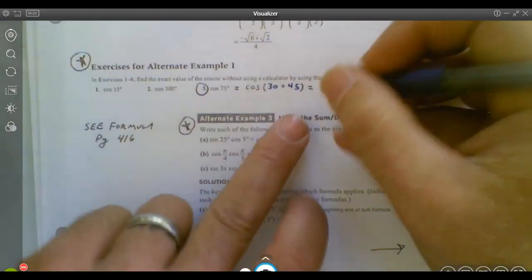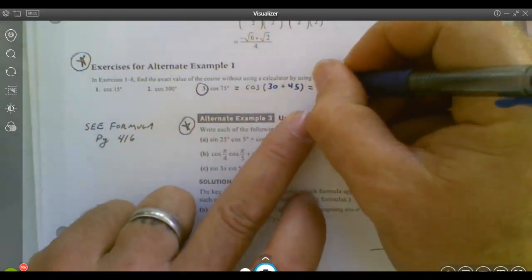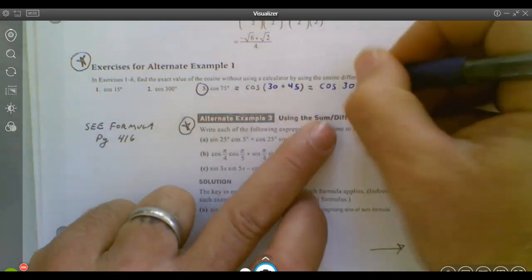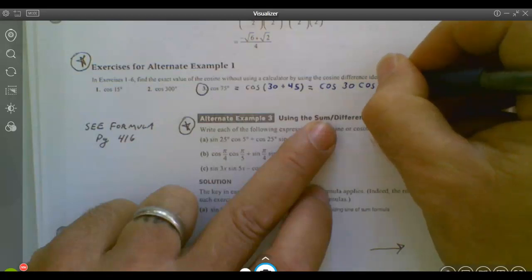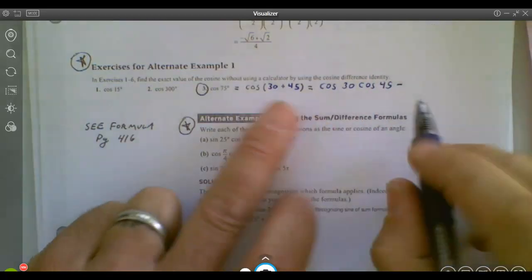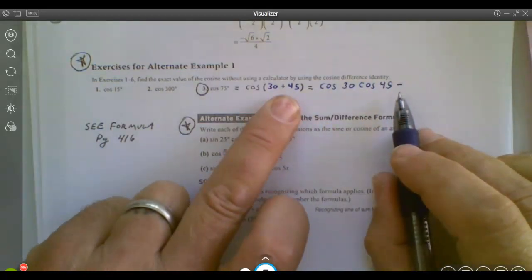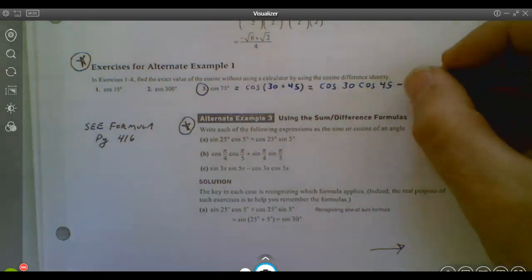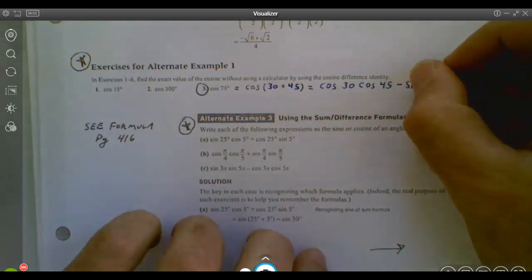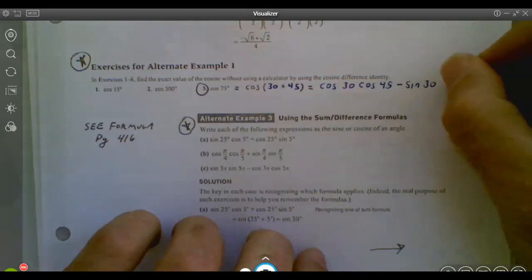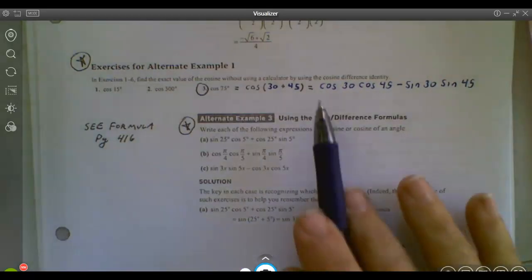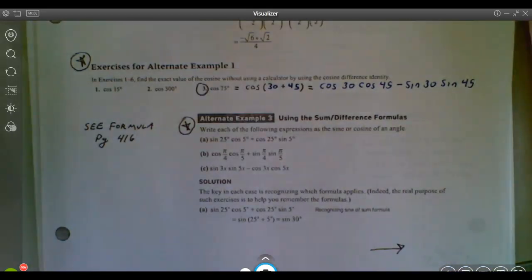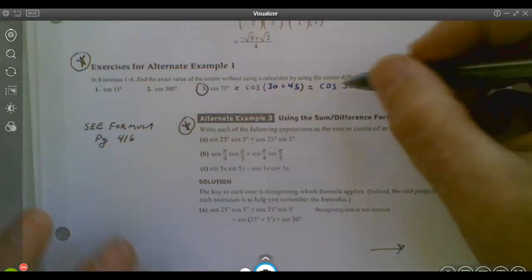So I'm going to see this as cosine 30 times cosine 45 minus, remember it's always the opposite of what we got right there, minus the sine 30 sine 45. And so now that we have that laid out, I can simply throw in the terms that they represent.